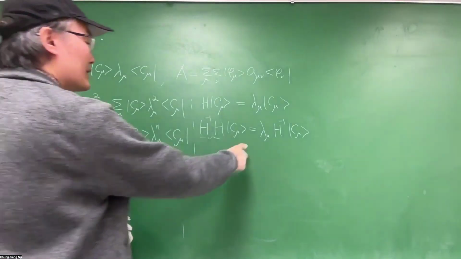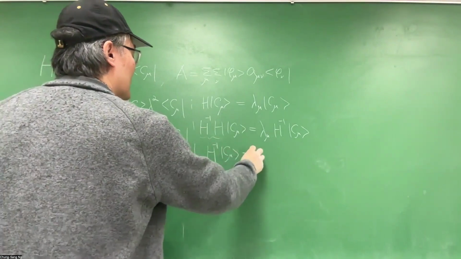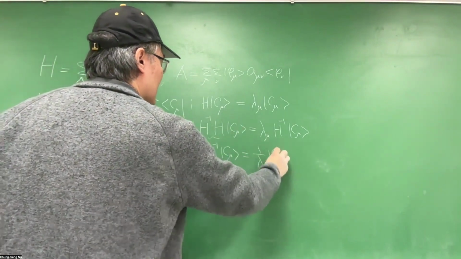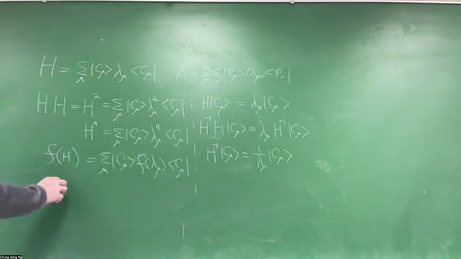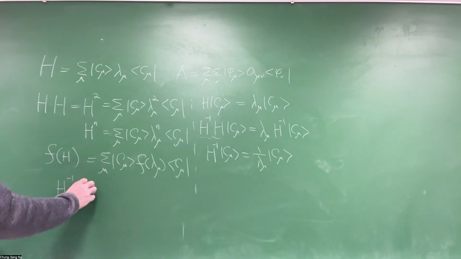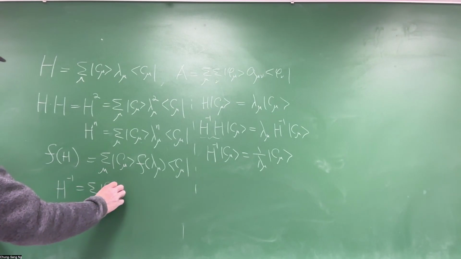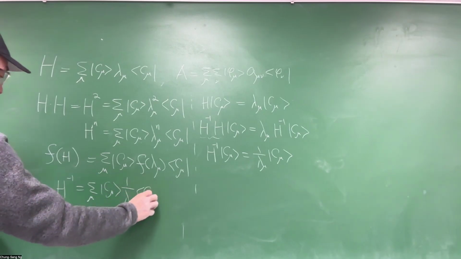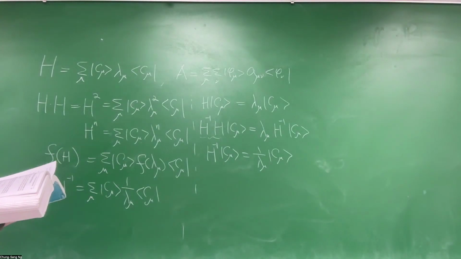You can say that H inverse of C sub mu is 1 over lambda mu times C sub mu. So in that case, H inverse has eigenvalue 1 over lambda mu. That is this property.